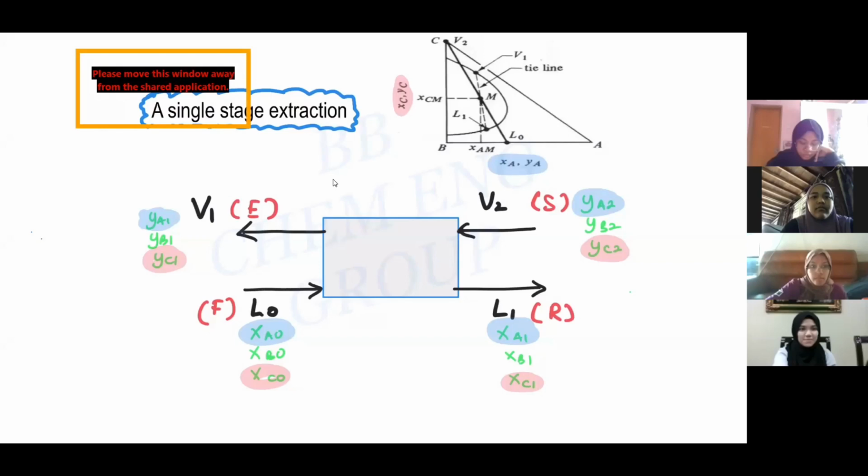If you total everything here, it should be equal to 1.